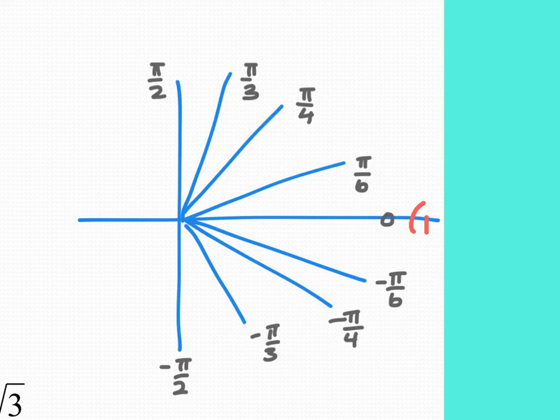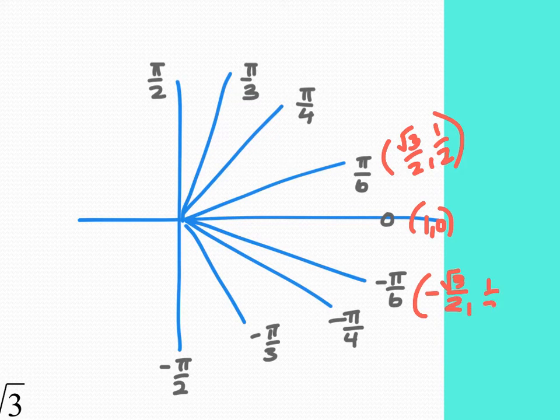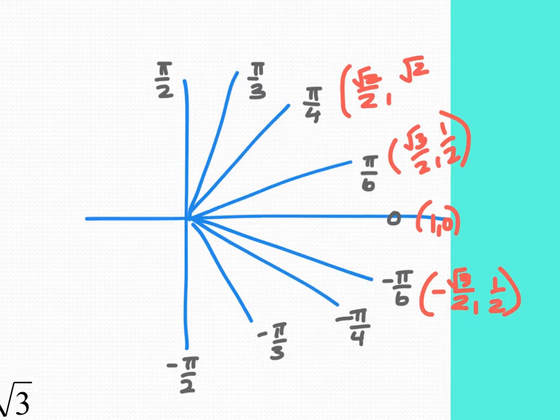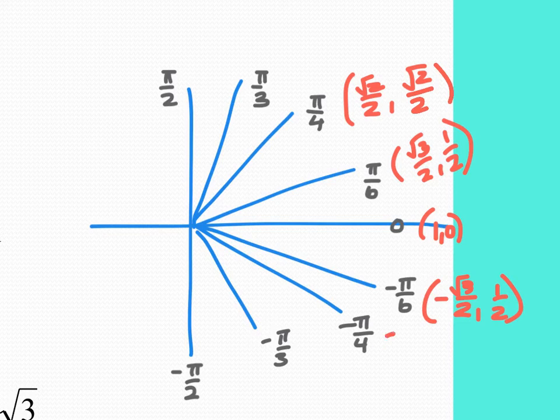This coordinate point is 1, 0. This is root 3 over 2 and 1/2. This is negative root 3 over 2 and 1/2. This is root 2 over 2 and root 2 over 2. This is negative root 2. Nope, sorry, switch those signs. This is positive. This is negative. Positive root 2 over 2 and negative root 2 over 2.